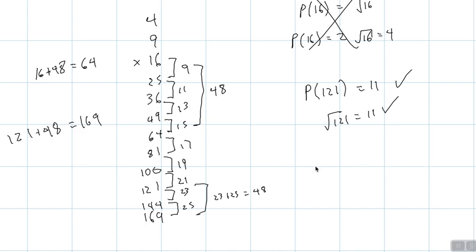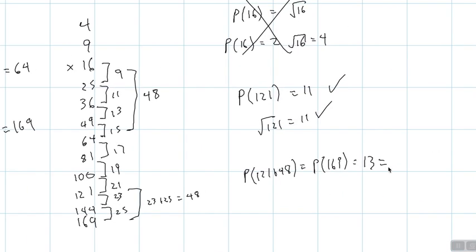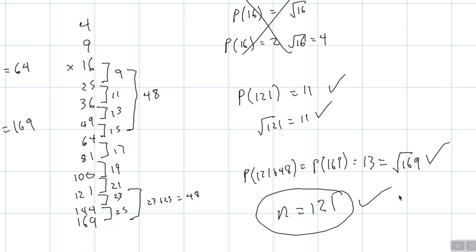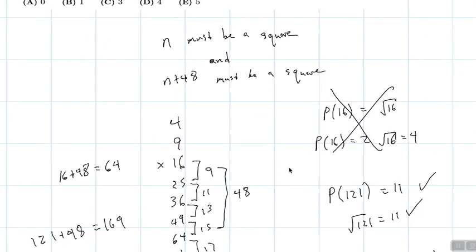And then is it true that p of 121 plus 48, which is p of 169, which is equal to 13, is equal to the square root of 169? So this one works. When n is equal to 121, that is one case where both of those are true.